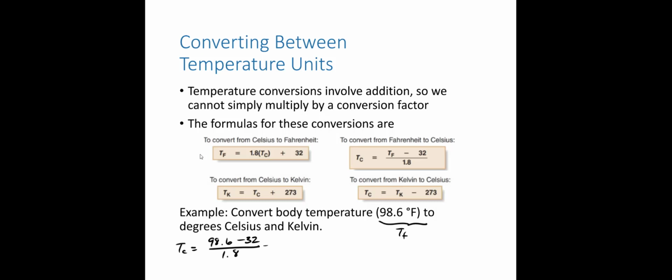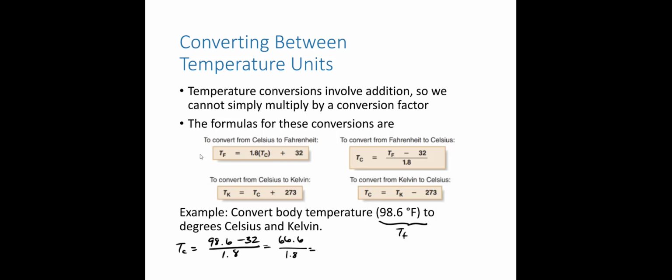So we've got a mix here of addition, subtraction, and multiplication, division. So for sig-fig purposes, I'm going to split this up. The first part would be in the numerator. That would be 66.6. The 32 we're going to treat as an exact number. And then we need to divide that by 1.8, which also turns out to be an exact number.